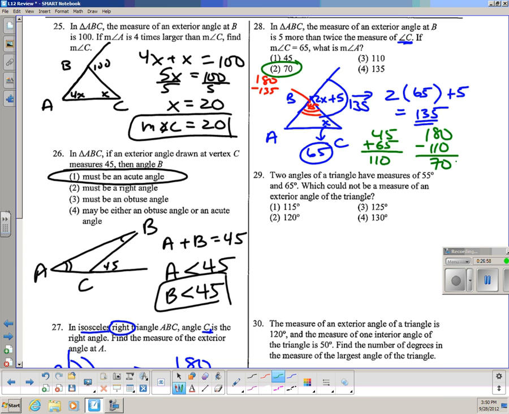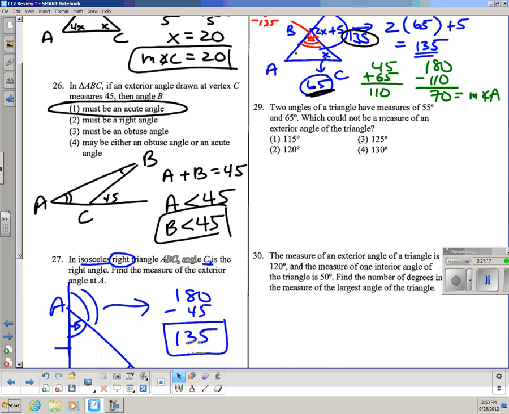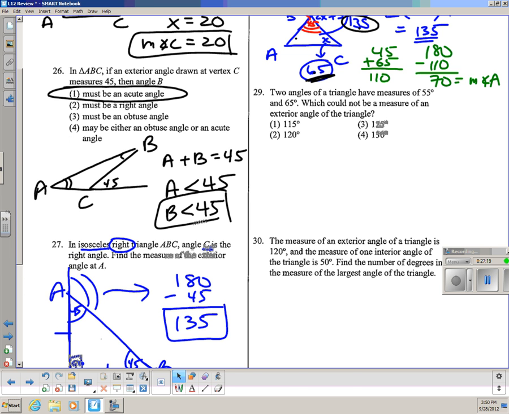That's one way to get angle A. The other way is to use the exterior angle theorem backwards. I have 135 as the exterior angle, subtract the one interior angle, and if I subtract 135 and 65, I get 70.